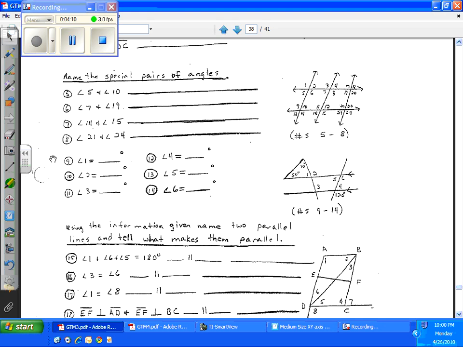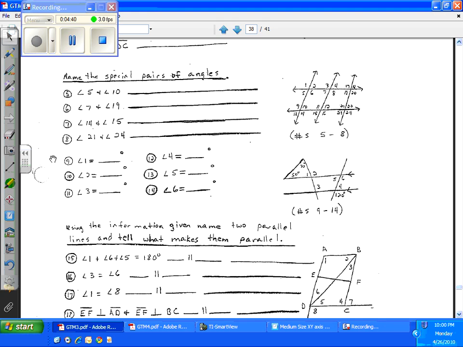Same side interior angles are two interior angles on the same side of the transversal. Non-formal definitions, visual memory: alternate interior angles make the letter Z. Same side interior angles make the letter C, and corresponding angles make the letter F.